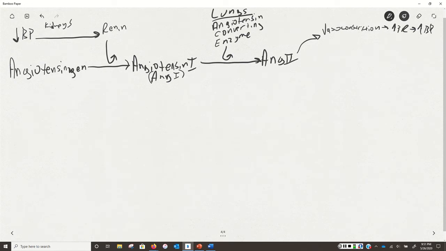That's the fast fix for the drop in blood pressure that we have. When our blood pressure is down, all of this happens and we get a very fast response. But at the same time, there's going to be something else that happens that takes longer to occur, but it lasts a lot longer. So let's see what else happens. Angiotensin II travels to the adrenal cortex.